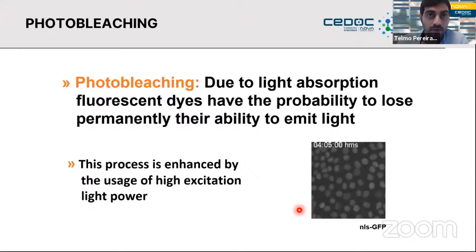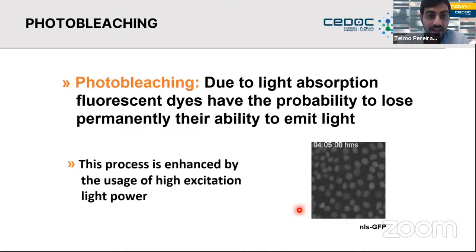You can get wrong conclusions, because if you have higher signal in the beginning of your Z-stack, and then the signal goes down and down as you go along the Z-stack, then when you are doing some calculations, you can take wrong measures. So you really need to pay attention to this. Either if you are doing a time lapse or a very big Z-stack, this is very important to pay attention to the photobleaching effect.